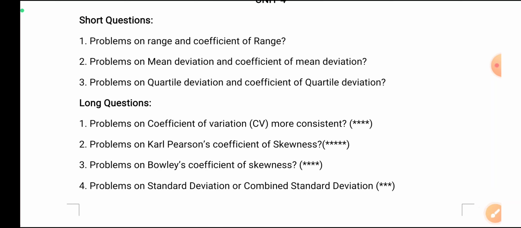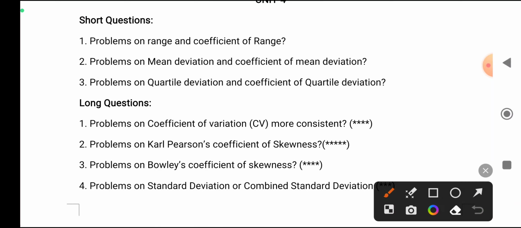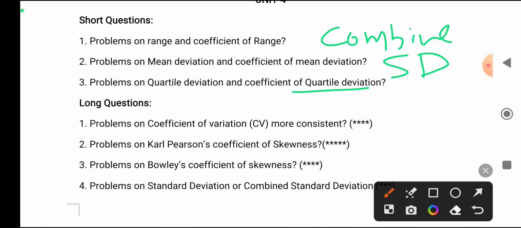And that is not a big issue. Then sometimes you may get the combined mean formula also, the combined standard deviation formula, and problems relating to combined standard deviation sometimes.